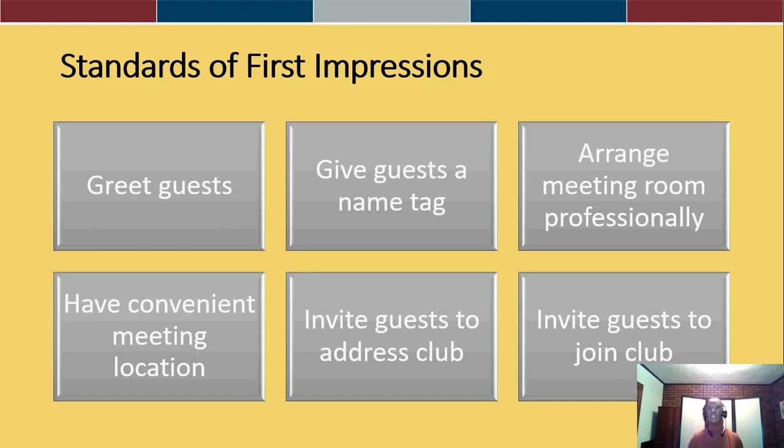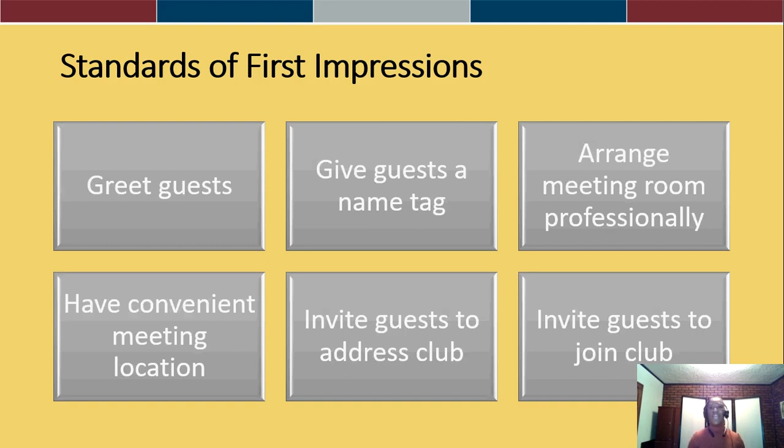Yet one of the consistencies I found, no matter what the environment was in which I visited a club, the clubs always had that consistency in being professionally arranged. The banner was there, the seating was appropriate, signage was good to help guests and members find the location. So think about your club from the standpoint of how is your meeting space arranged? Is it professional, and is it a good space, which leads to the next standard, having a convenient meeting location.